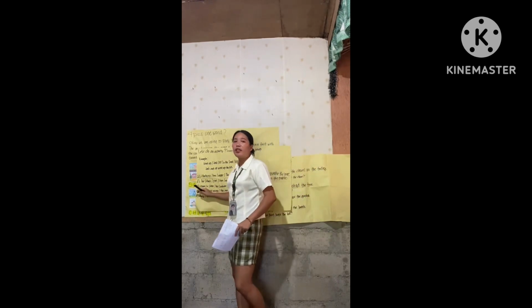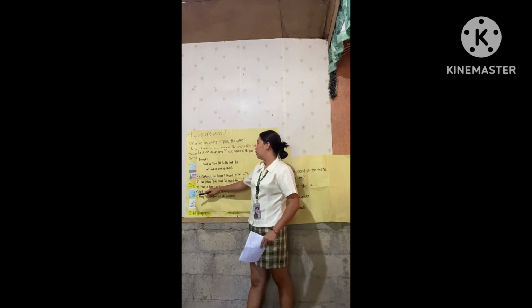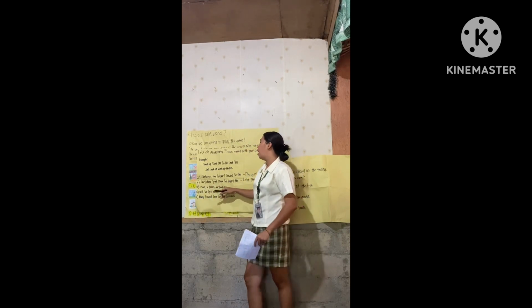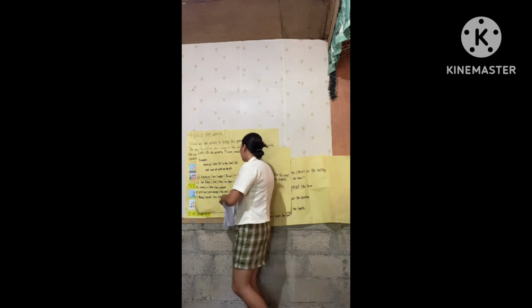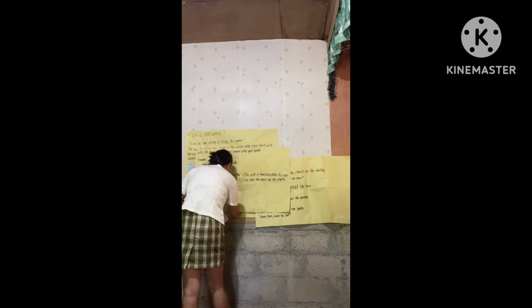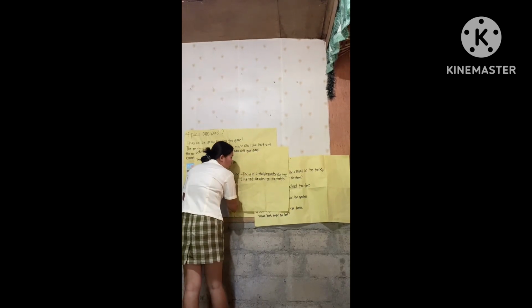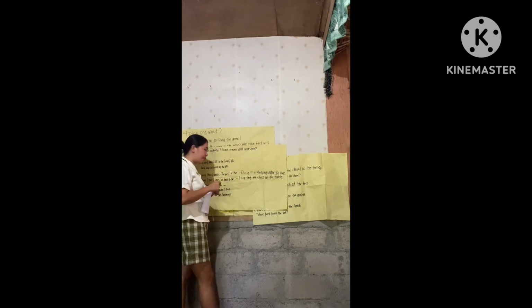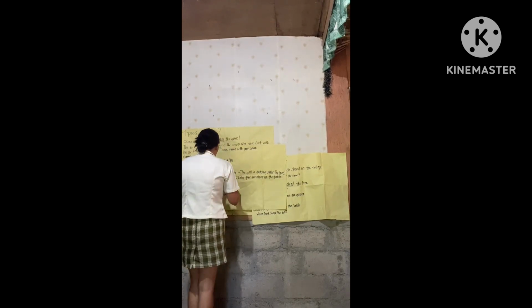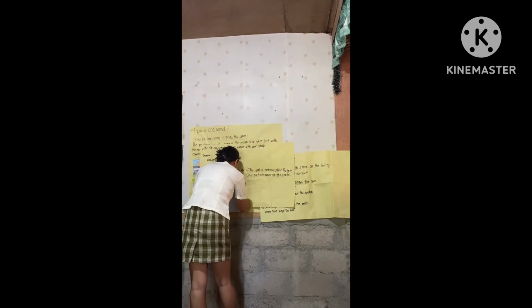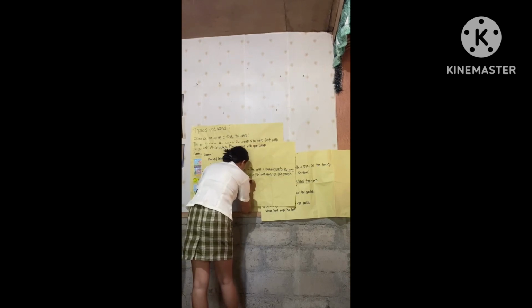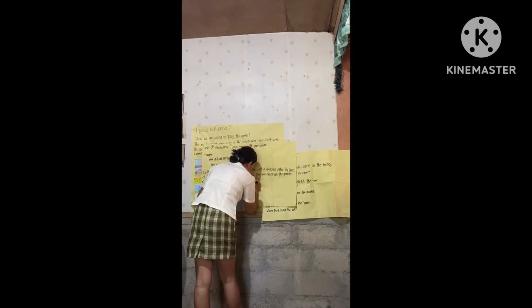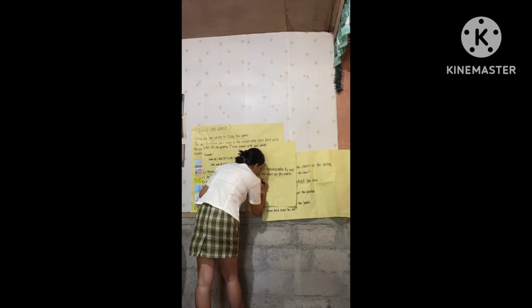Number 3, kindly read, Grace. Room, is, Anna, her, outside. Okay. So when we form it into one sentence, what is that? Anna is outside her room. Okay. Anna is outside her room.